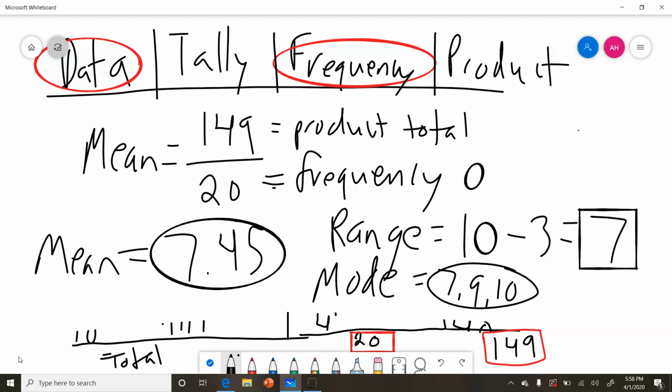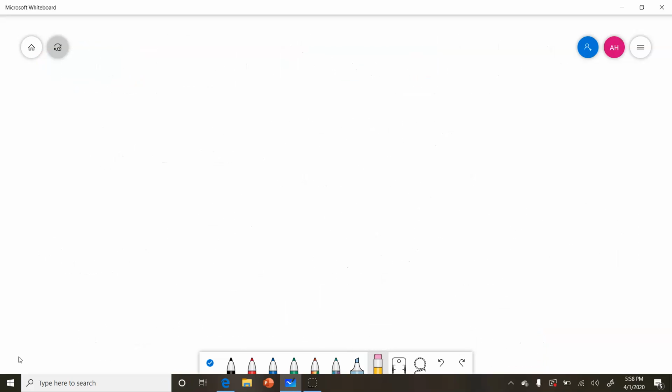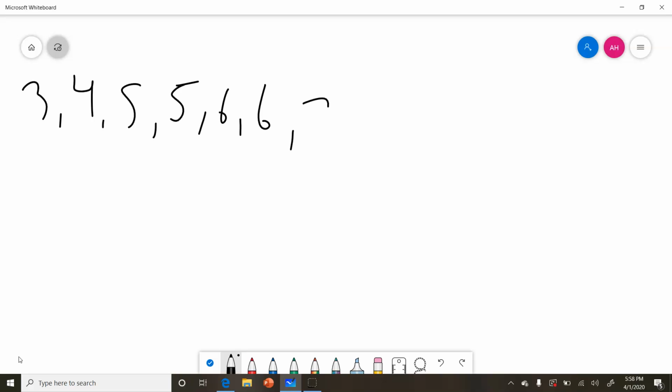Now, the hard one to find is the median. The only way to find the median would be to reorganize them in smallest to greatest order, okay? So we would have had to reorganize that and done something like this. We would have done 3, 4, 5, 5, 6, 6, 7, 7, 7, 7. We would have done 8 and 8.